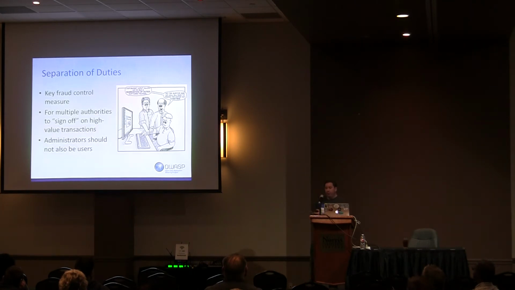Because if I have the ability to enter a vendor and pay a vendor, what's to stop me from entering myself as a vendor and then paying myself, right? That's a fraud thing.